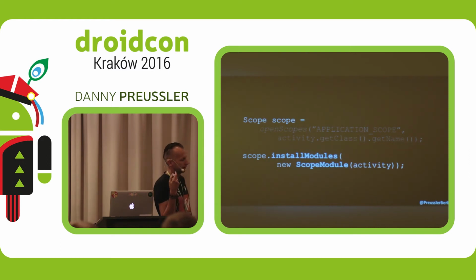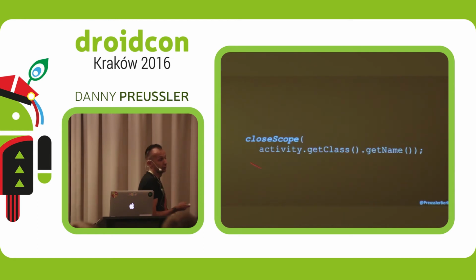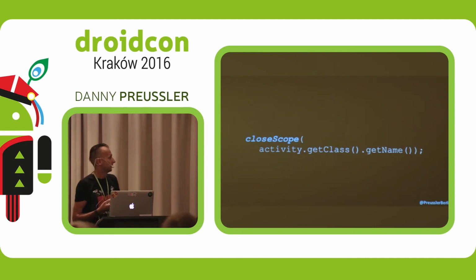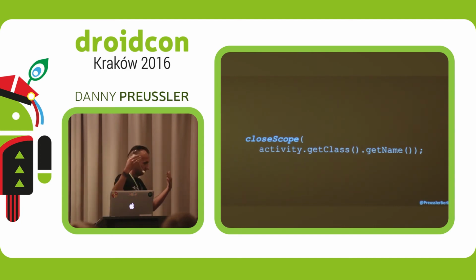But remember, in Dagger, we had to keep the scope in our activity. With Toothpick, no one keeps the scope, so there's one thing that we have to do: there's a close scope all of a sudden. The activity would keep it, and then the garbage collector would clean it up. Here we have an explicit close scope. That might sound a bit dangerous, but it gives you completely new opportunities. You could think about a multi-activity scope all of a sudden.